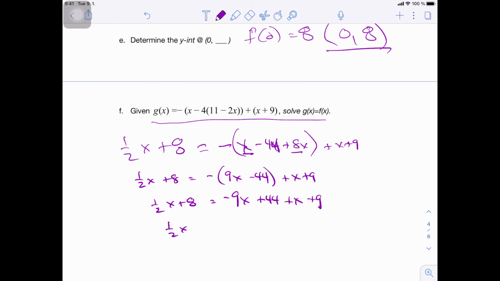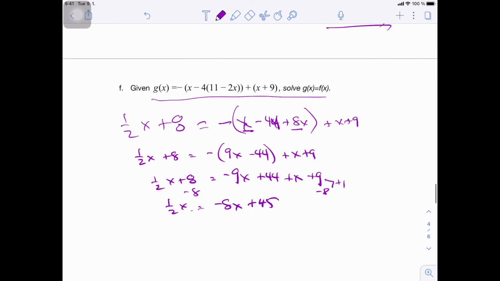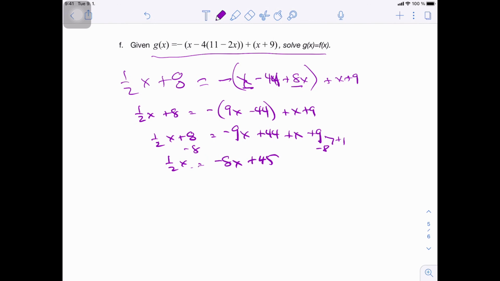So I have x. I'm going to subtract the 8. So I'm going to subtract 8 and collect like terms still. So here I get -8x. And here I'm going to get 9 minus 8, that is positive 1, plus 44 is a plus 45. Multiplying both sides by 2 gives me -16x plus 90.